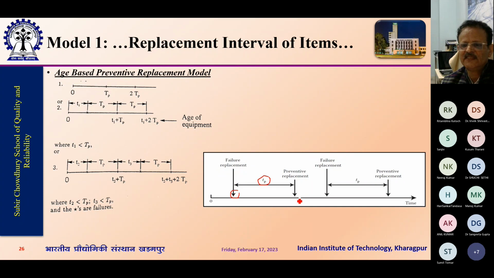Preventive replacement is done. Again, it fails. Then again, there is a possibility that no failure occurs in between, up to the TP time. So this is the cycle as shown in these figures. I hope this figure is okay.